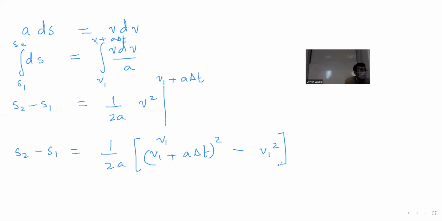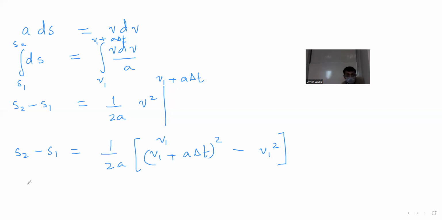Yes, I remember, delta S equals V1 times delta T plus 1.5 a t square. Got it.